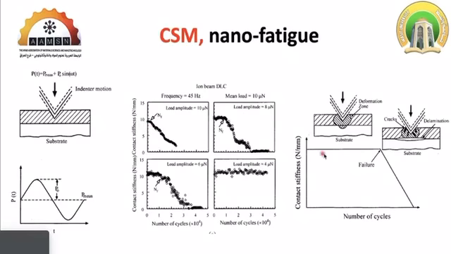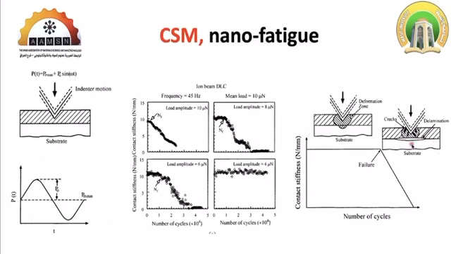What is the mechanism of failure for a coating under a fatigue test? It is either fracture of the surface, or the coating delaminates from the surface.